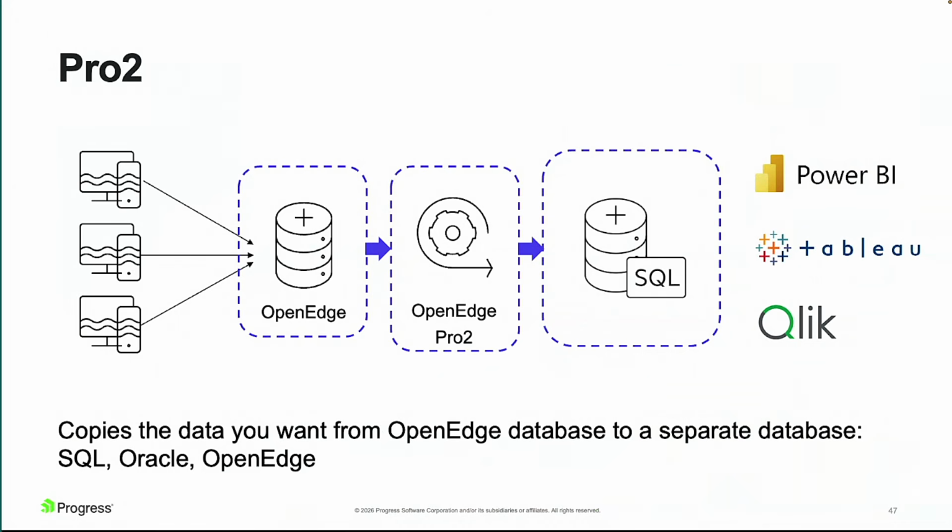So it does a transformation of that data, so it goes into the SQL database. This is selective, right? You don't have to do all your tables, right? All I want to know is my invoices, my customers, my shipping, everything else I don't need for the SQL database. So this allows you to move that data into SQL, and then you can use Power BI, Tableau, Qlik, you name it, to get that data out of the SQL database.